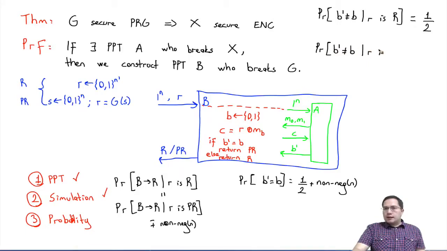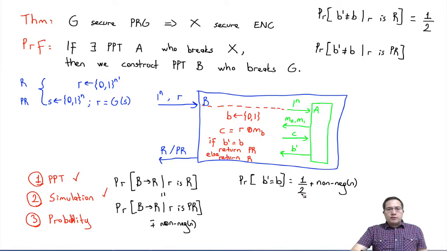Now given that R is a pseudorandom value. Now when R is pseudorandom, what we do here is exactly simulating the challenger for the adversary. When we give it the encryption construction X, we know that the adversary wins with 1 over 2 plus some non-negligible probability. Now, this is the probability that the adversary loses.